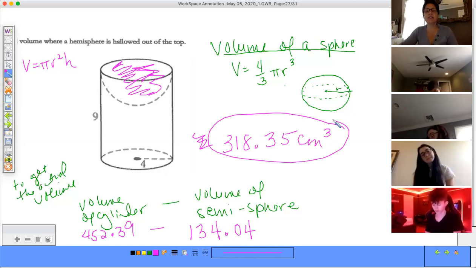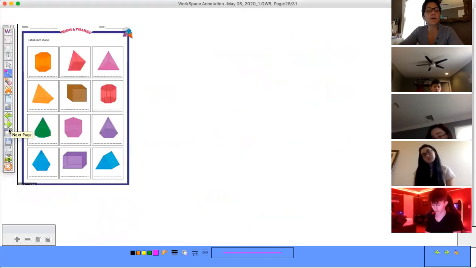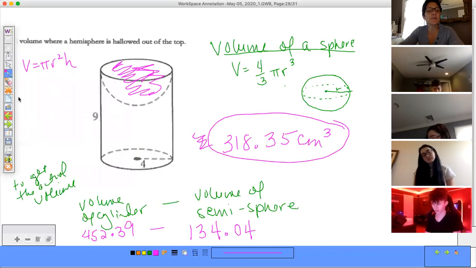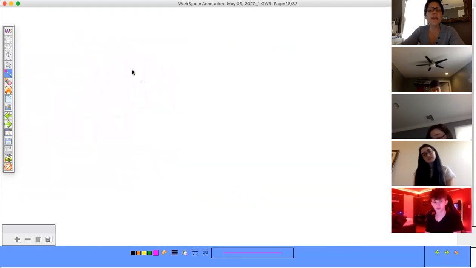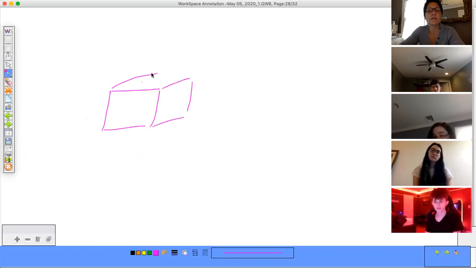So these are the kinds of things that I'm going to have you work on as we go through. Let me go back here. So if we had something where this is a cube, I'm just going to put 10 here. And then on top of it, forgive me if my drawing's not that good.